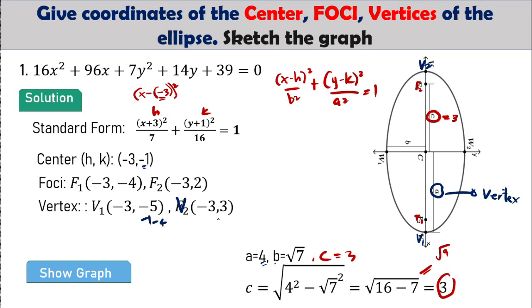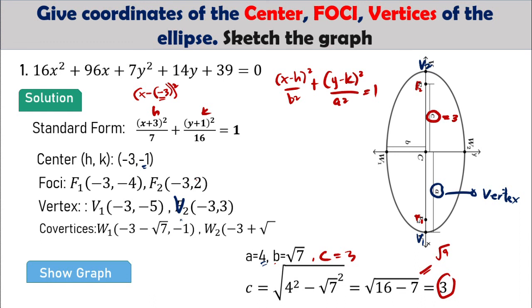Then here it is 3, because we add 4 to negative 1. That is the vertex. Did you understand? By the way, this is V sub 2.